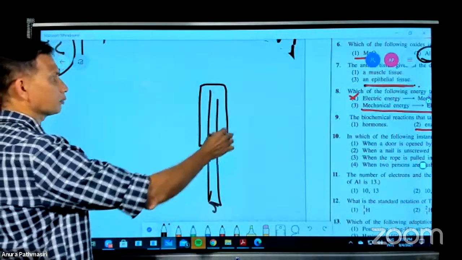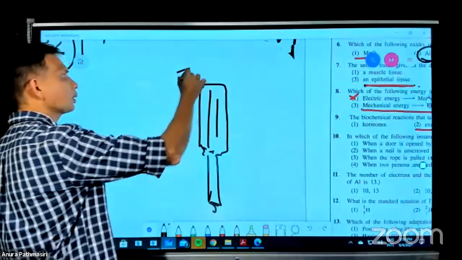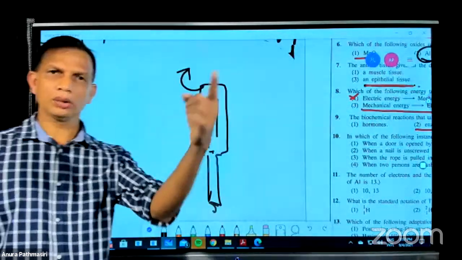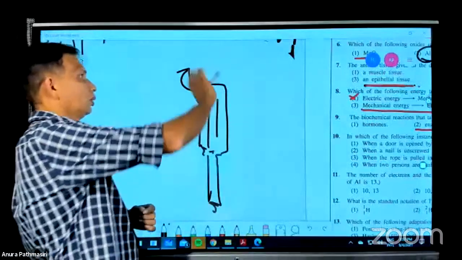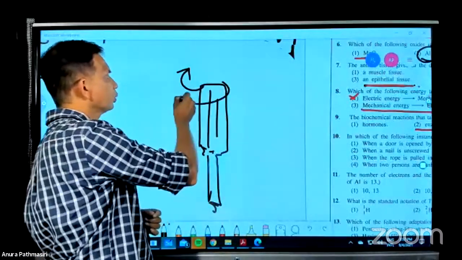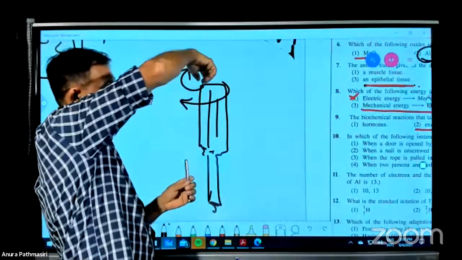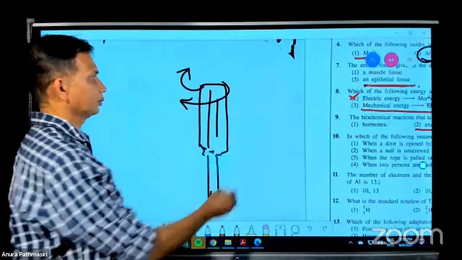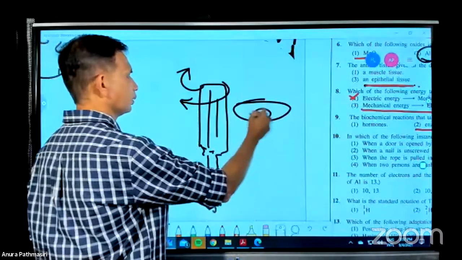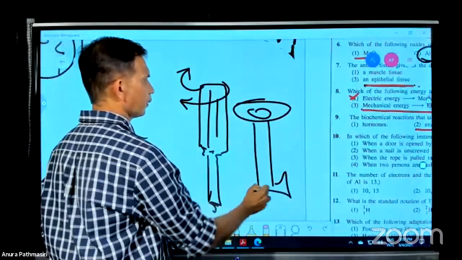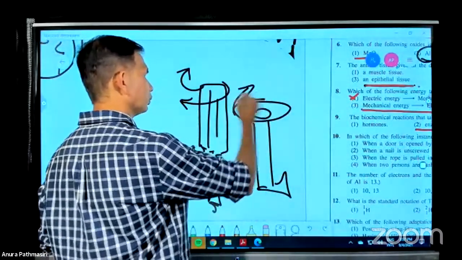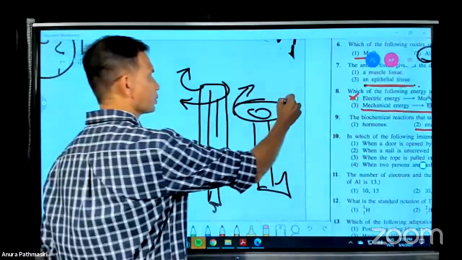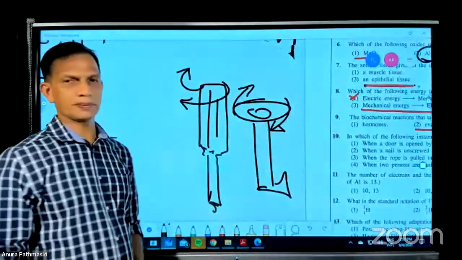So you can have one force applied clockwise, right? And this one is also clockwise, same direction. Couple of forces, right? Like if you have a key, you apply a force that way and at the same time apply a force this way.